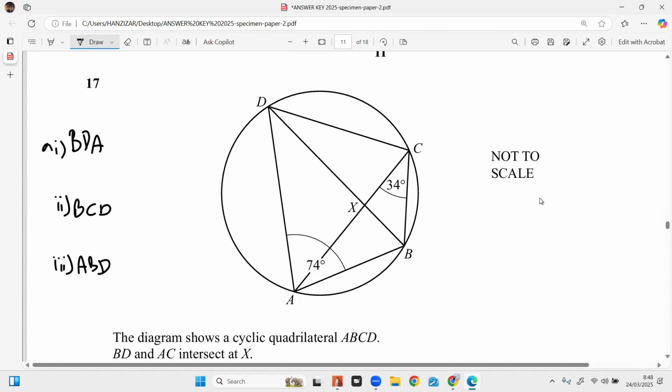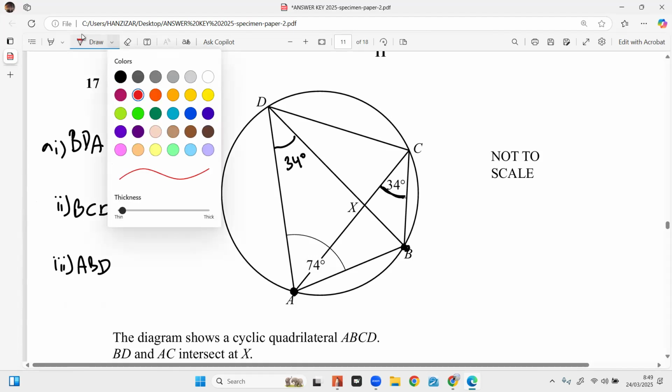BDA. How do you find BDA? Actually, BDA and BCA are the same because they are subtended from the same arc AB, 34 also. And then BCD. 180 subtract 174 because it's a cyclic quadrilateral, right?